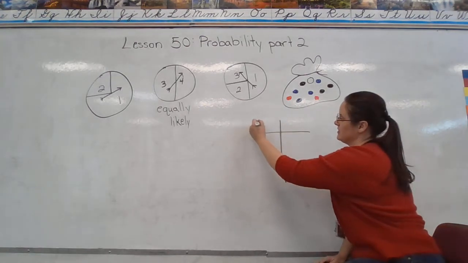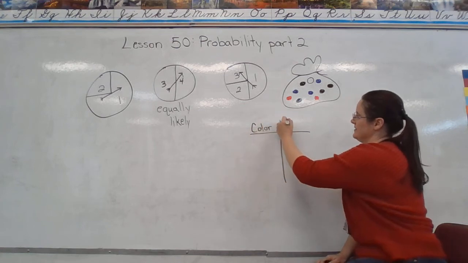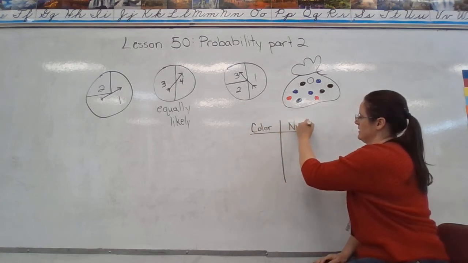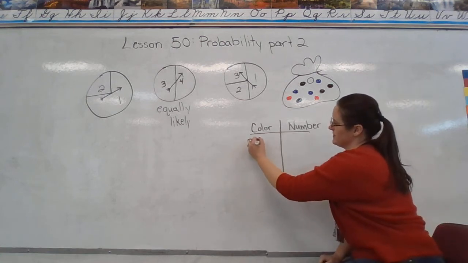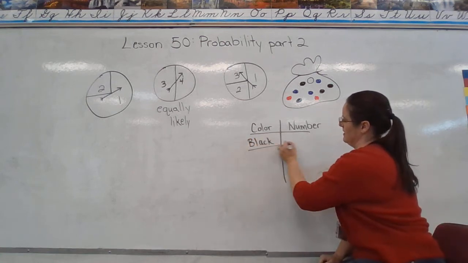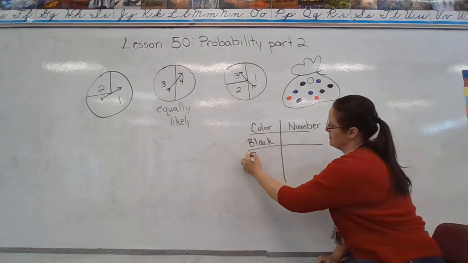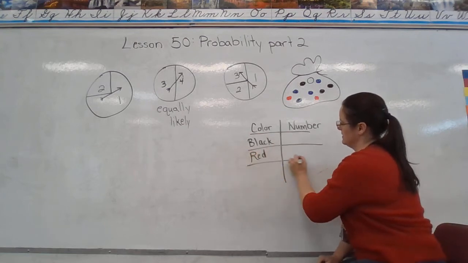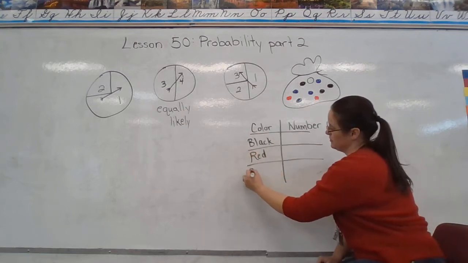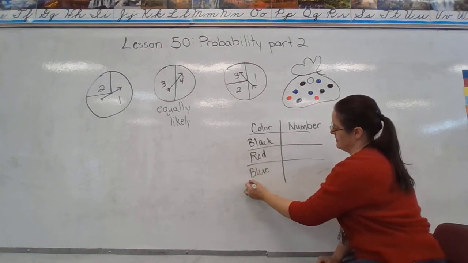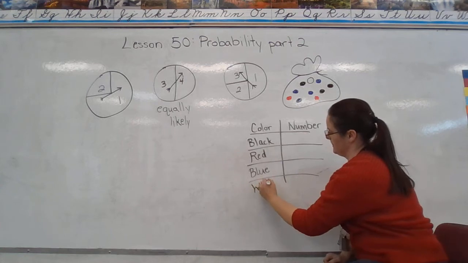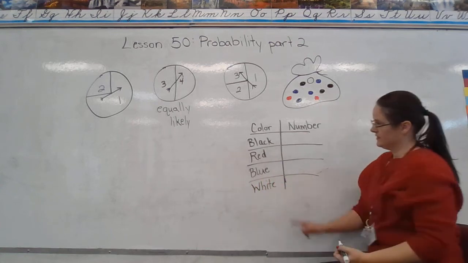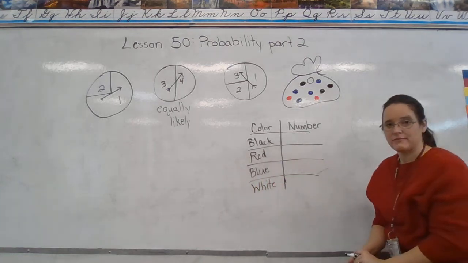We have color and number. So I see black marbles. I see red marbles. I see blue marbles. And I see 1 white marble. So how many black marbles?